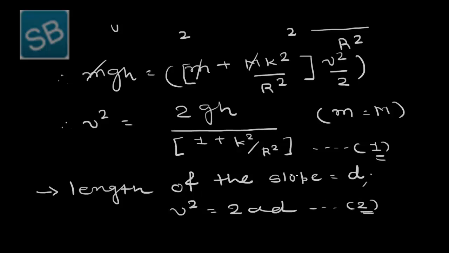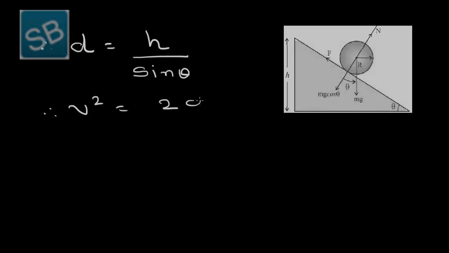And from the geometry of that figure, I can conclude one thing: this is the distance, or this is the height, and I have to find the distance d which is covered by this rigid body, and this h is in the vertical direction. So I can write in component form d is equal to h upon sine theta, and as v square is equal to 2ad, instead of d now I am putting h over sine theta.